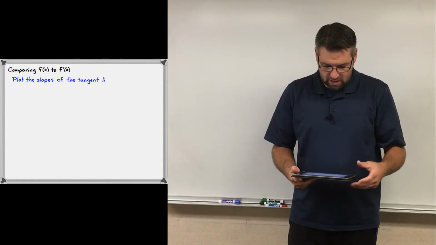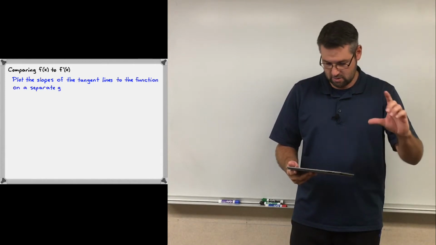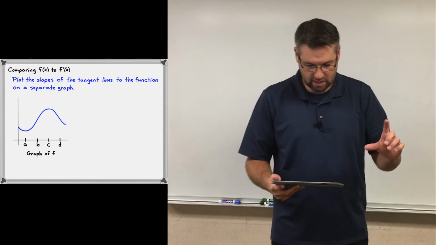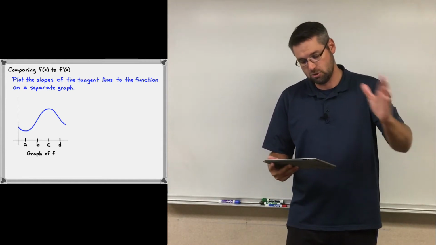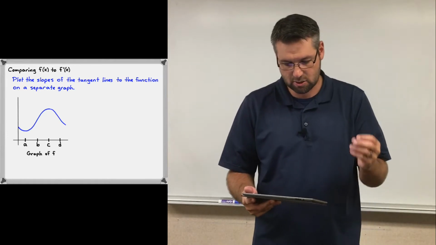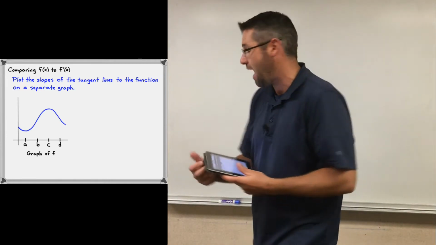Okay, so this is an activity that you can find, it's a little half sheet of paper. You'll do that after this slide, but it says, plot the slopes of the tangent lines to the function on a separate graph.